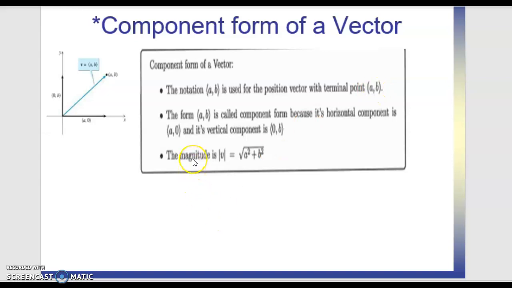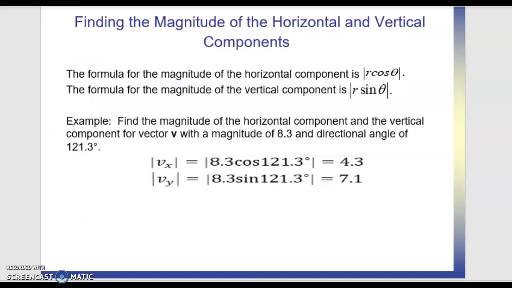The magnitude of this vector is equal to the square root of a squared plus b squared. The formula just shared is how you find the magnitude of a vector given in component form.